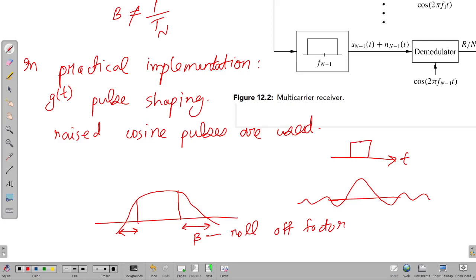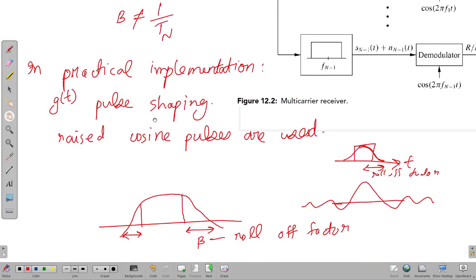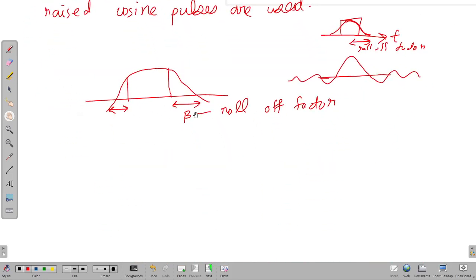So when you use a raised cosine filter, you will have soft transitions, not very sharp transitions. Because of these soft transitions, there is some roll-off factor, and this roll-off factor will also contribute to the pulse shape. So that contribution is beta. Okay, let that be beta.